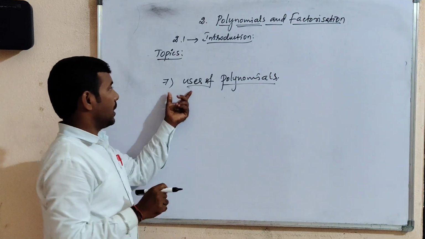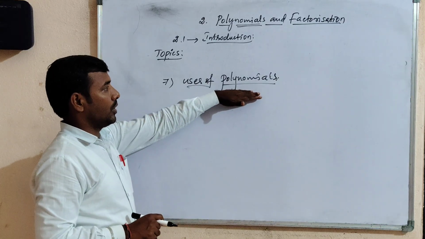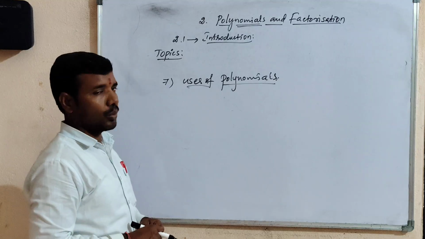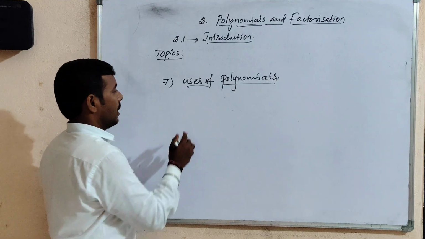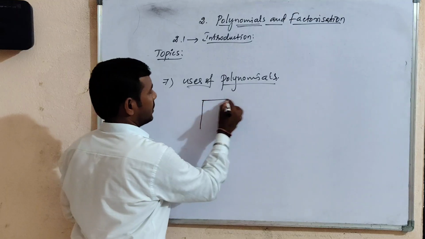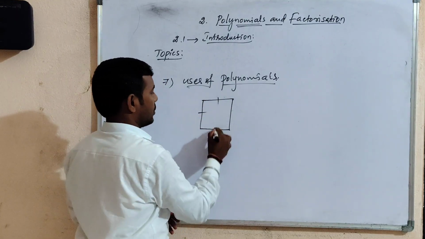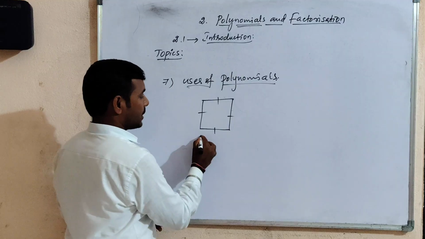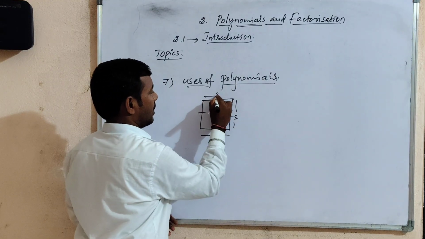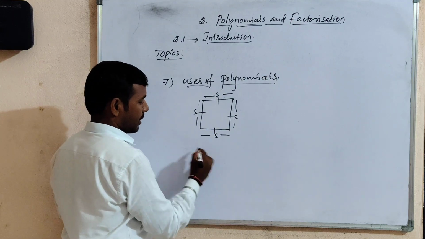Okay, students. The last point, that is the 7th. Till now we discussed the polynomials. Now it is time to learn about their uses. I want to give one small use. Generally we can feel this is a square figure. If its side is s, now try to find its perimeter.